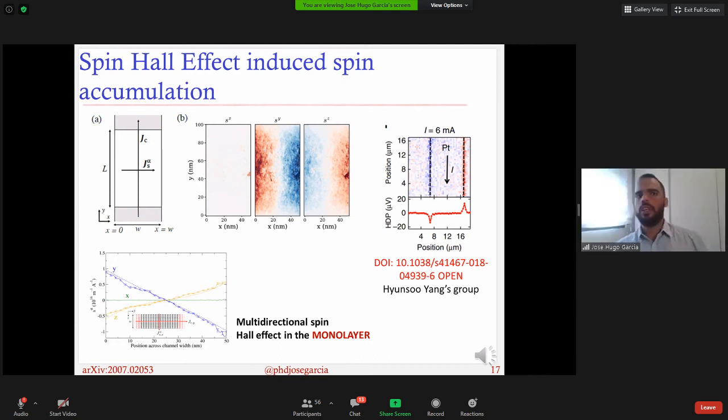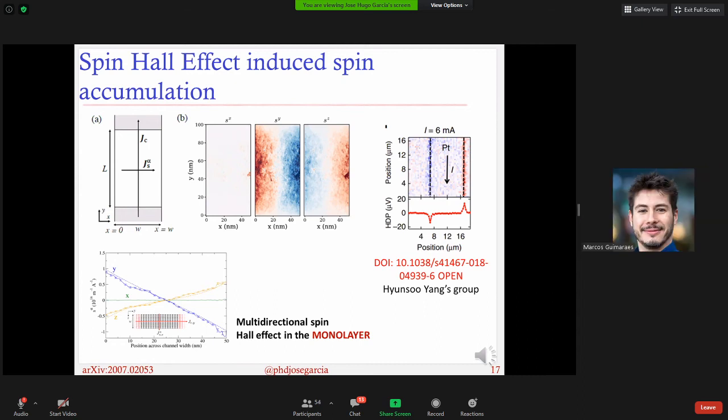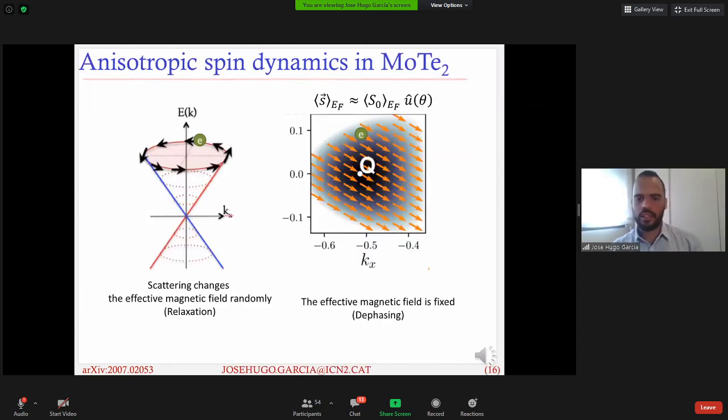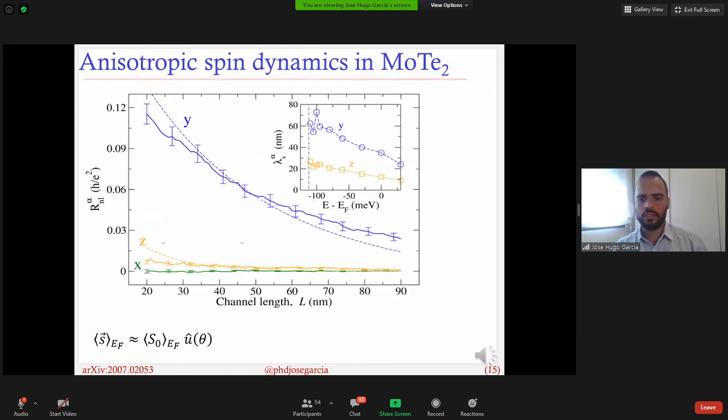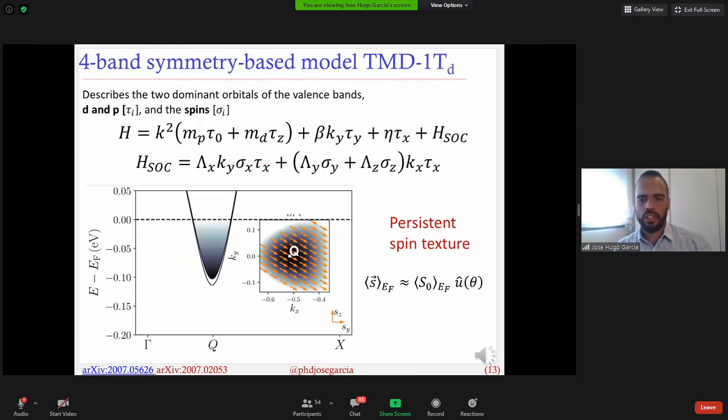So actually, we have a parameter in the model. You mean the out-of-plane inversion symmetry because there is this glide. Yeah. So in the model, we have a parameter that takes that into account. Let's see if I can go there. So this eta parameter here basically breaks this inversion symmetry.